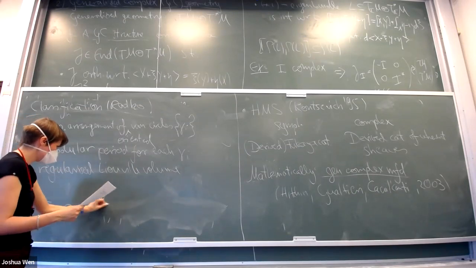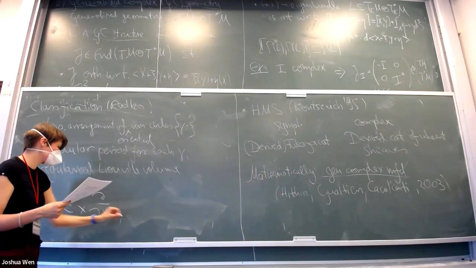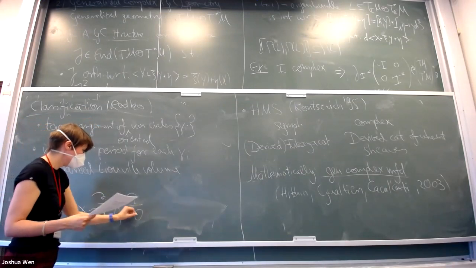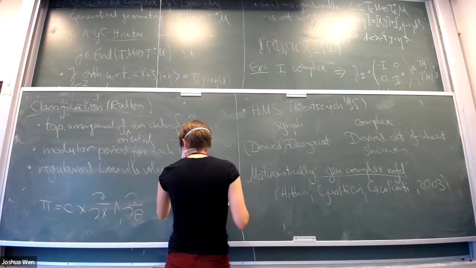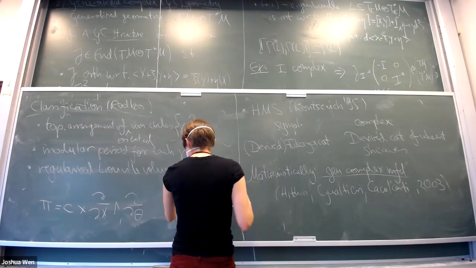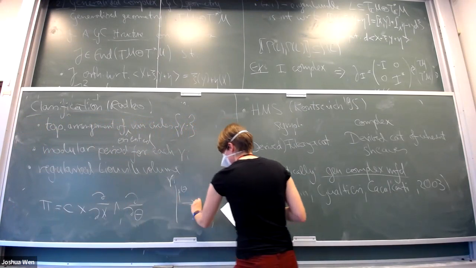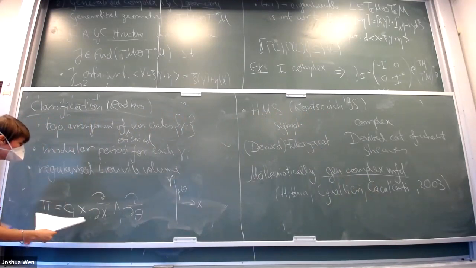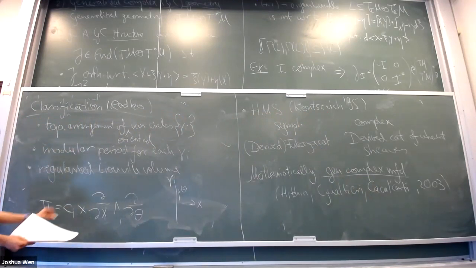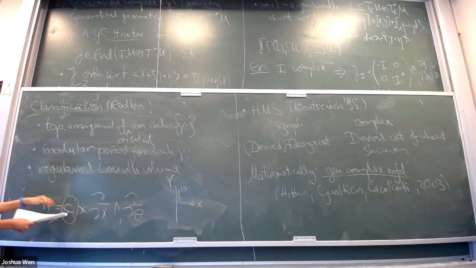So if the local coordinates are x and theta, this is what the bivector looks like. Here's the vanishing cycle gamma I, theta is the coordinate along this cycle, x the transverse coordinate, then you get this linear vanishing. Depending on how you normalize it, this is related to the modular period, and tau is the modular period.